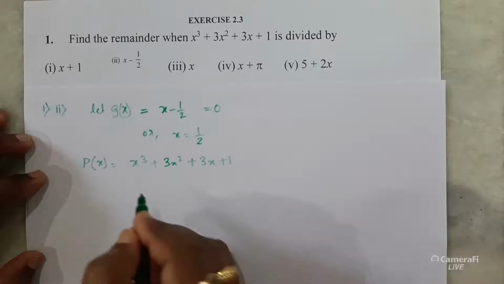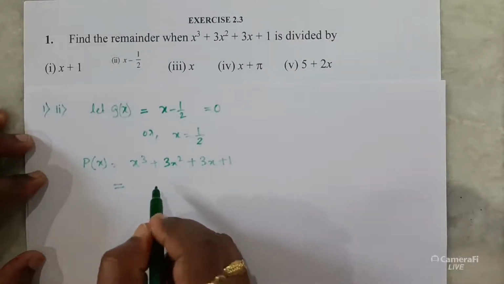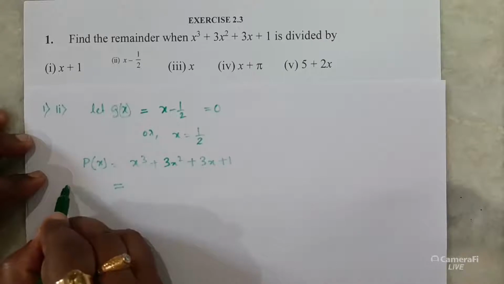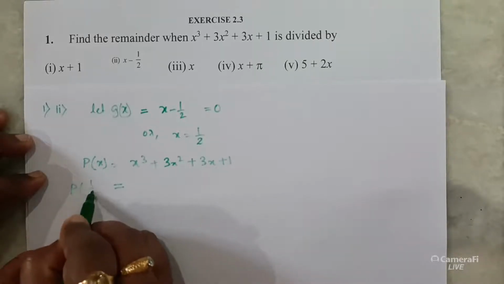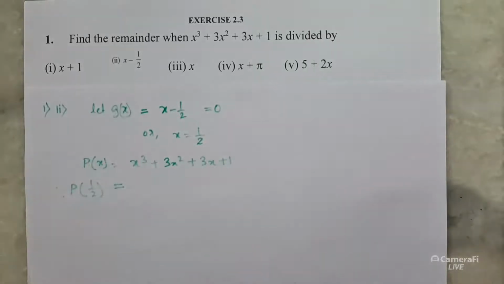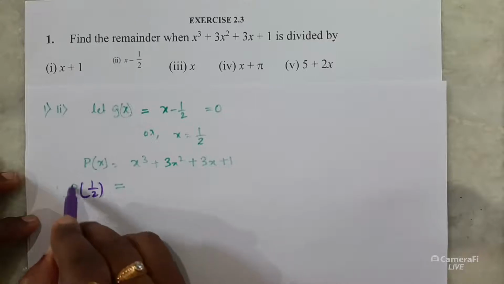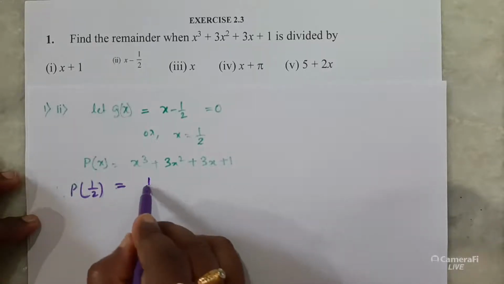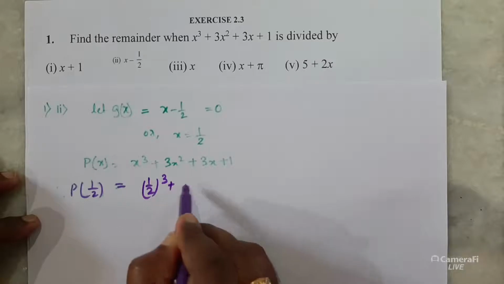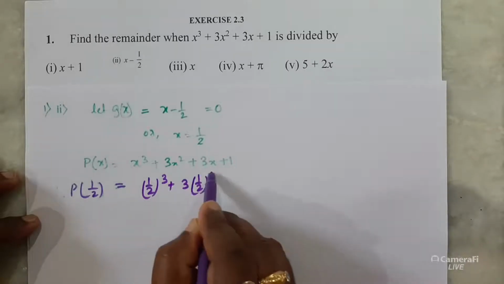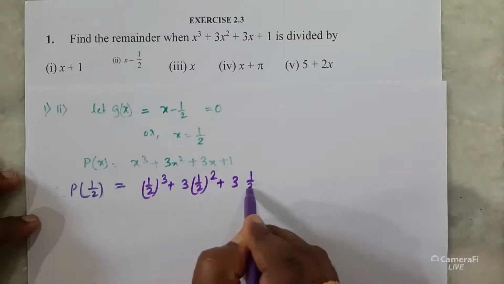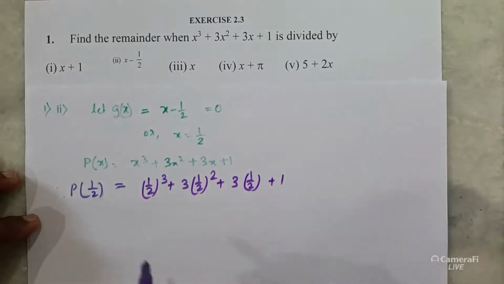So p of half will be equal to half cube plus 3 into half square plus 3 into 1 by 2, that is half, plus 1.